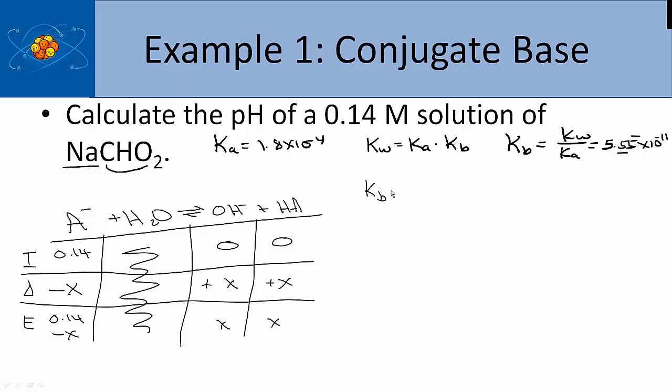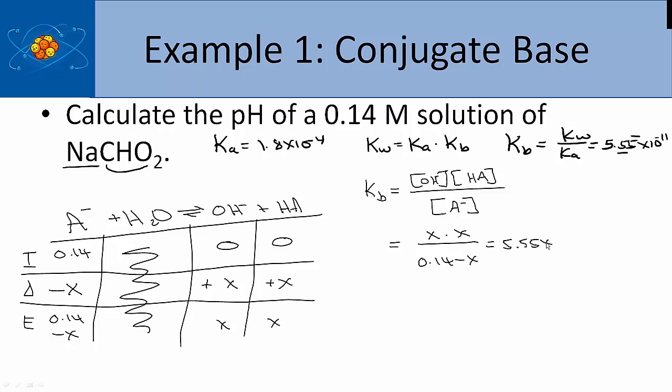I know that Kb is equal to the concentration of OH minus times HA divided by the concentration of A minus. Plugging values in, I find that it's X times X over 0.14 minus X, and that's all equal to 5.55 times 10 to the minus 11.